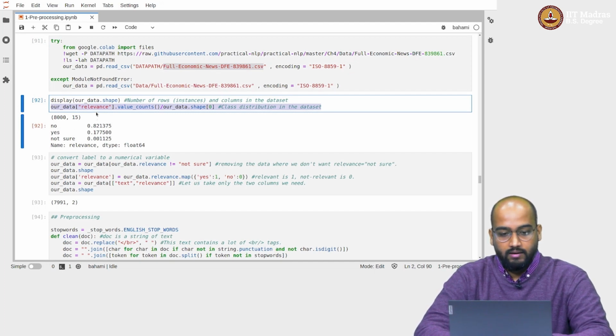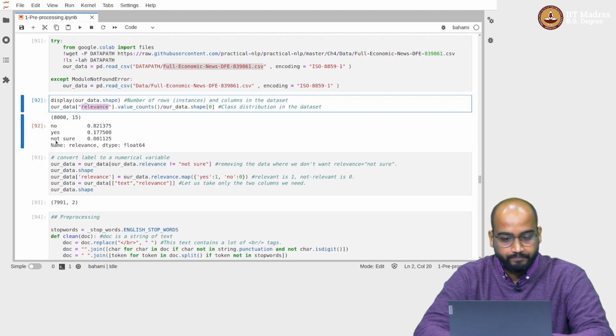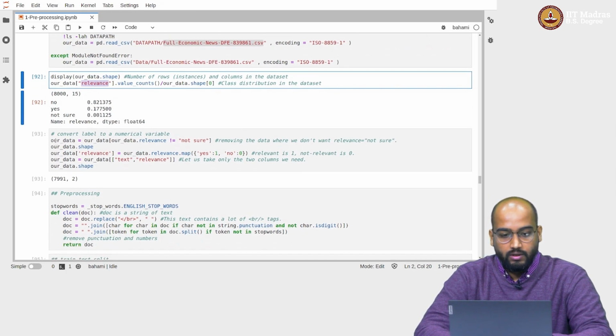Let's say if this was a sentiment analysis task, this column would be sentiment, and there would again be no, yes, not sure. This is the data set that you have. You have 82% of your samples not relevant, 17% relevant, and we were not sure about, let's say, 0.1% of that data.